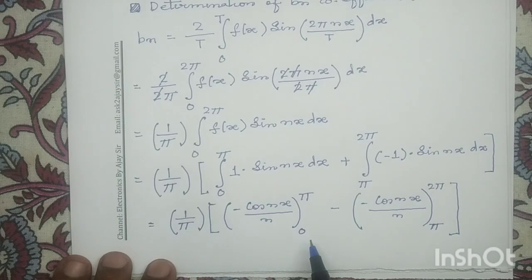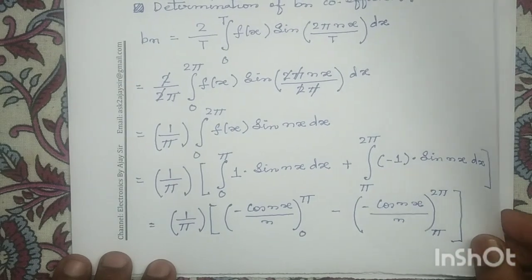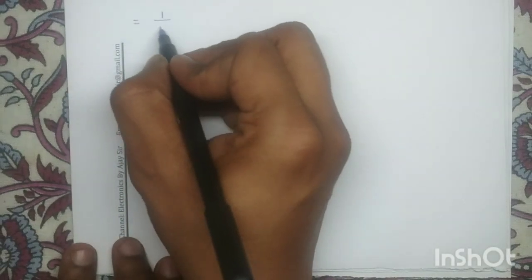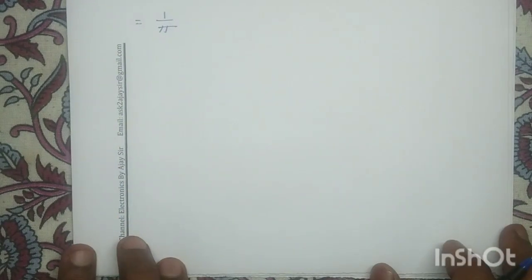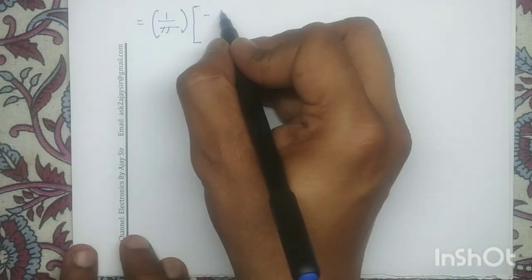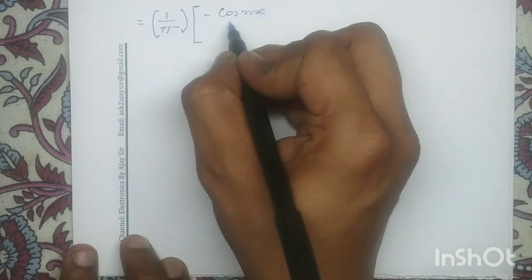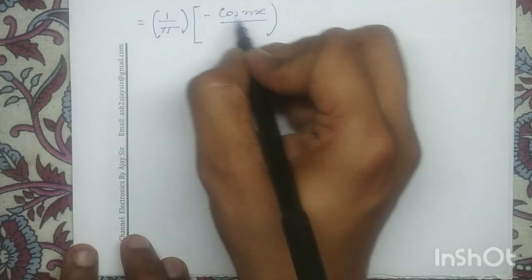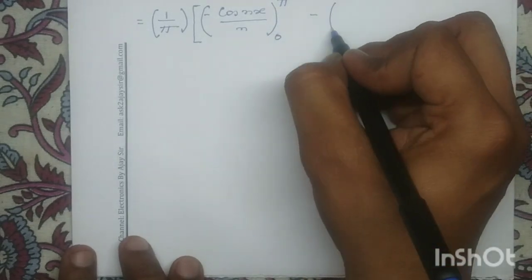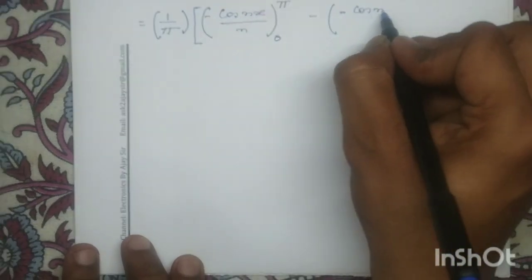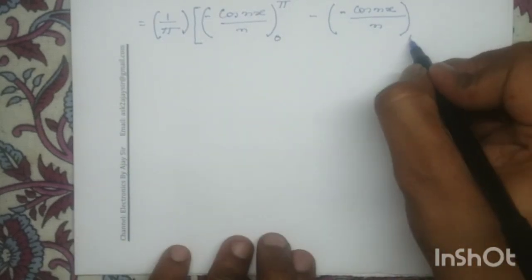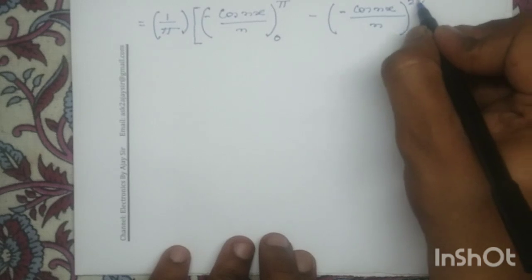Next we will substitute the limits. So let me rewrite this expression here: 1 by pi, minus cos nx by n, 0 to pi, minus of cos nx by n, the limit varies from pi to 2 pi.